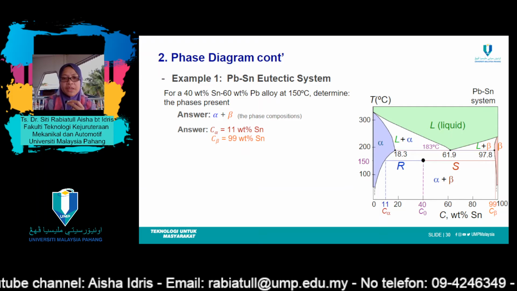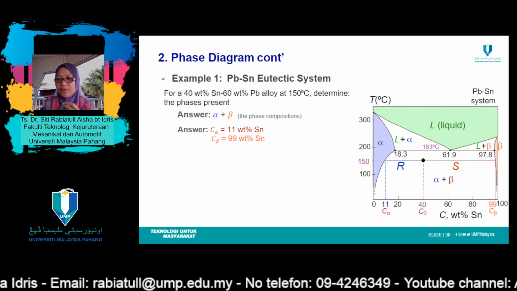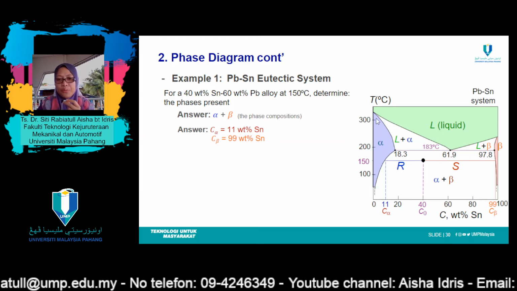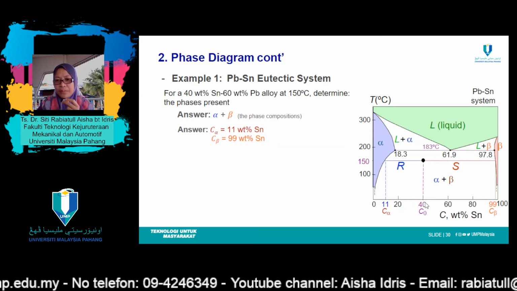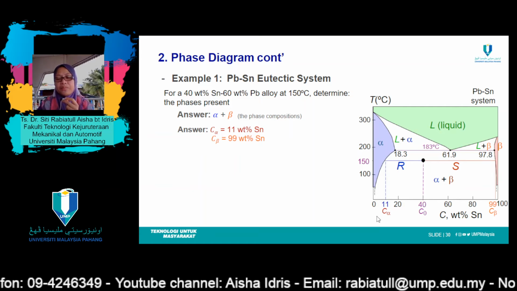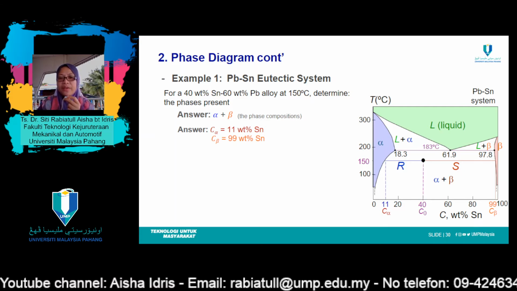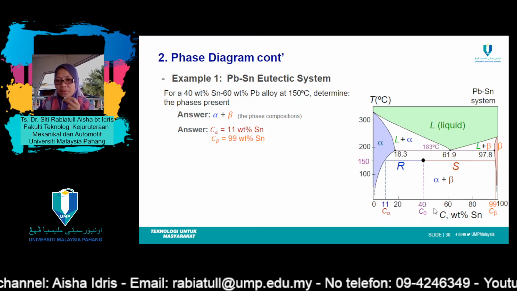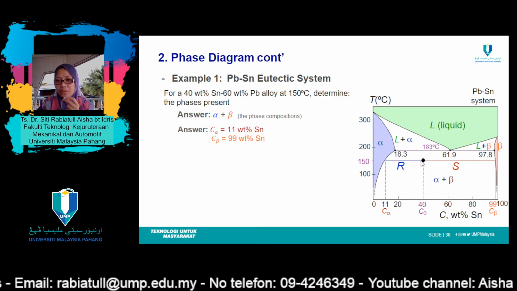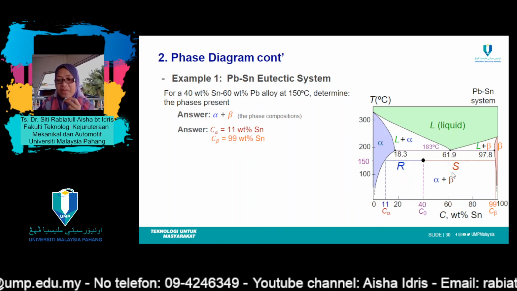Okay, now let's look at the example. Let's do this together. This is a plumbum and tin system phase diagram. For 40 weight percentage of tin and 60% of plumbum, at 150 degrees C, determine the phases present. For C naught, we know that it is 40% and the temperature is 150 degrees C. So at this point, everything is solid.